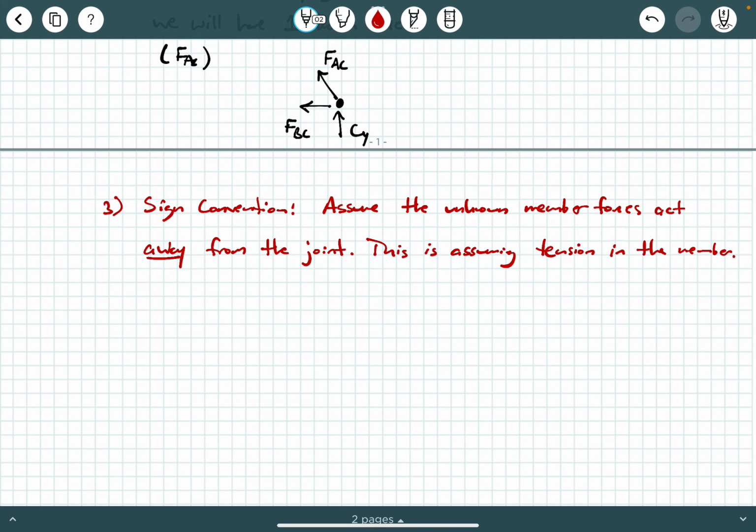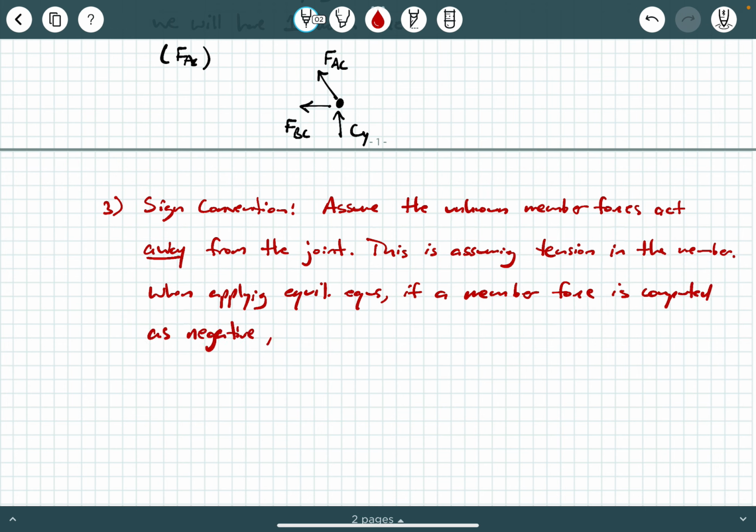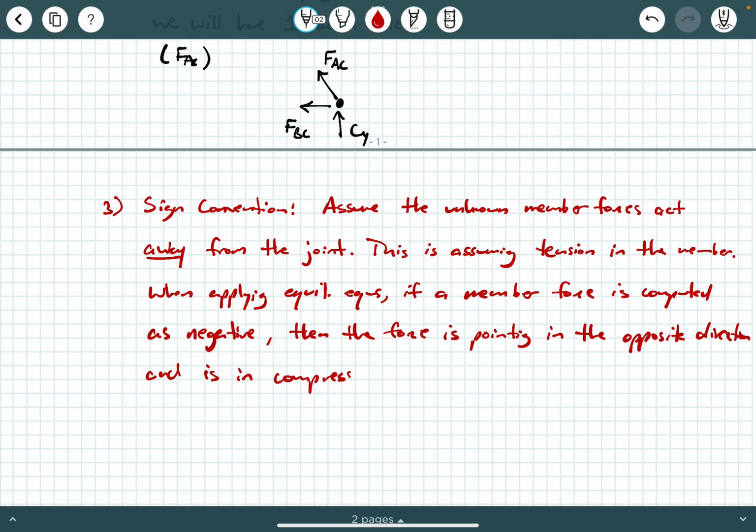Now what happens is when applying equilibrium equations, if a member force is computed as negative, then the force is pointing in the opposite direction and is in compression.